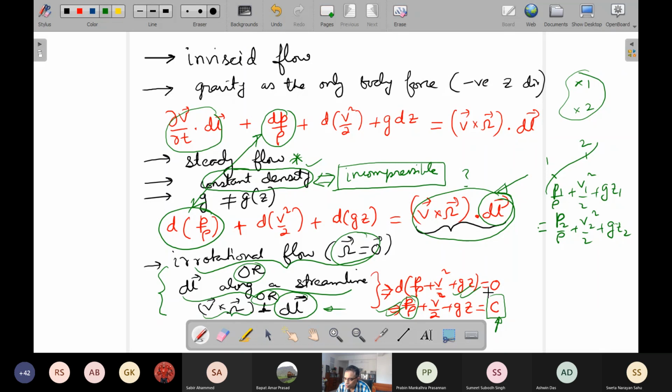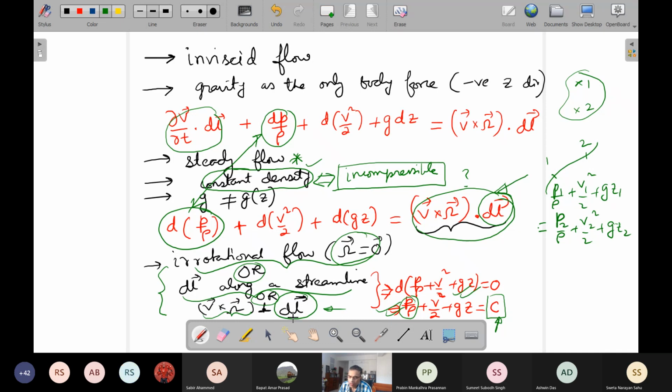If you choose a different line for which this is valid, then along that different line there will be a different constant. So what it means is that, at the end, Bernoulli's equation is quite restrictive, in the sense that a large number of assumptions are compulsorily required to put this equation into validity.